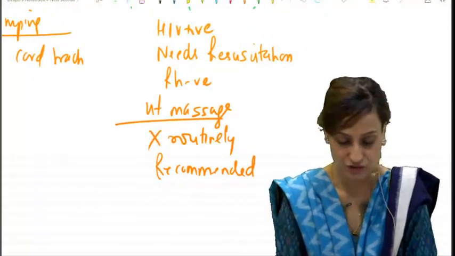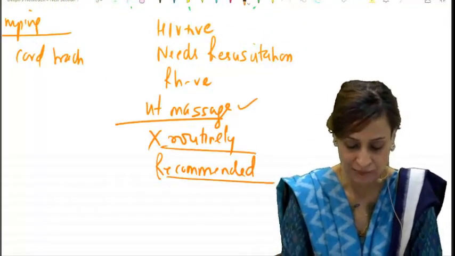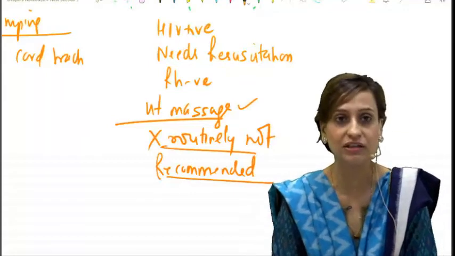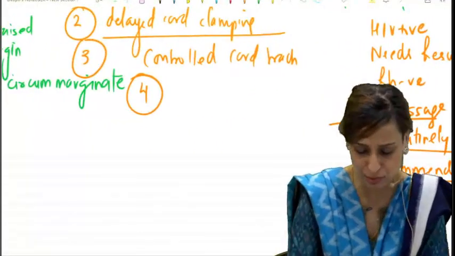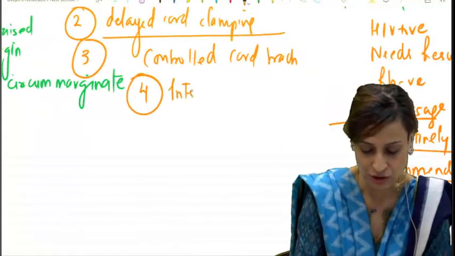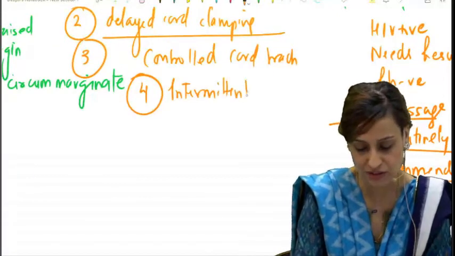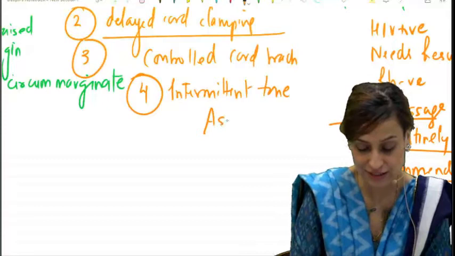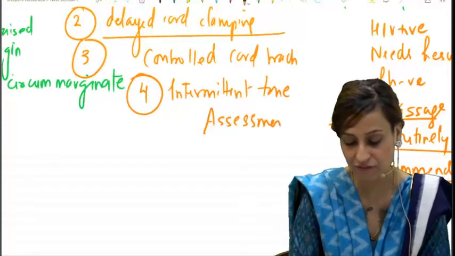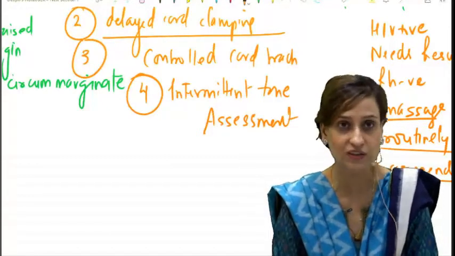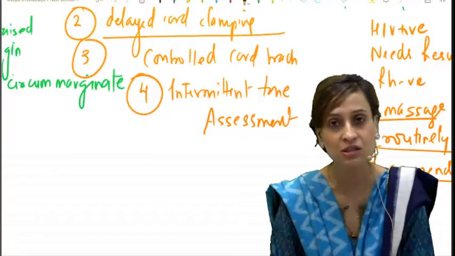What you're supposed to do is intermittent uterine tone assessment, where we assess the tone of the fundus every 15 minutes for a span of 2 hours.